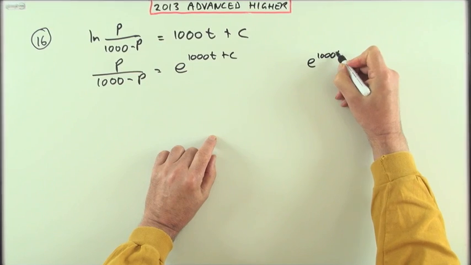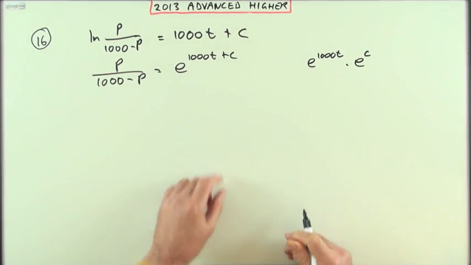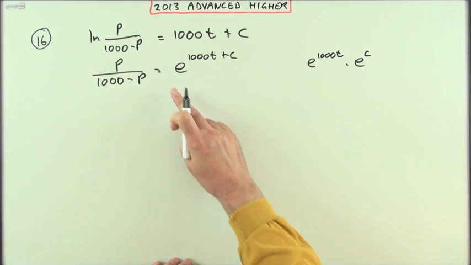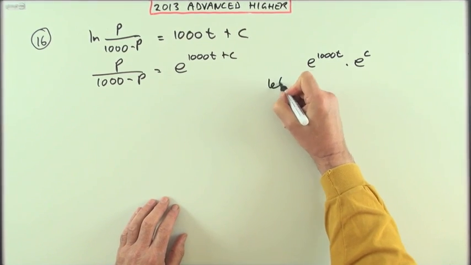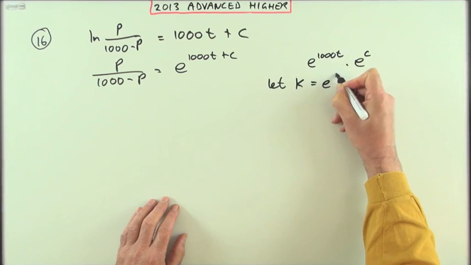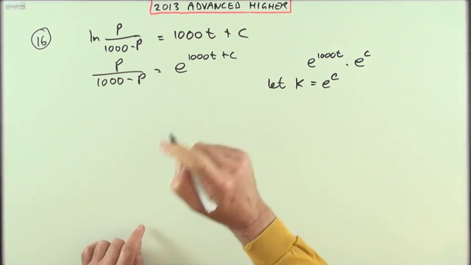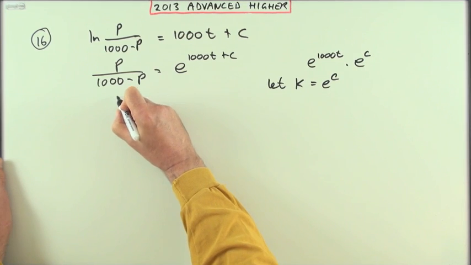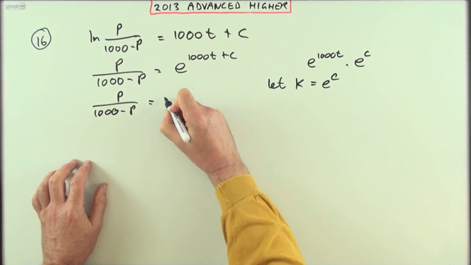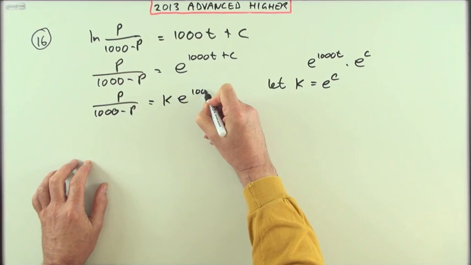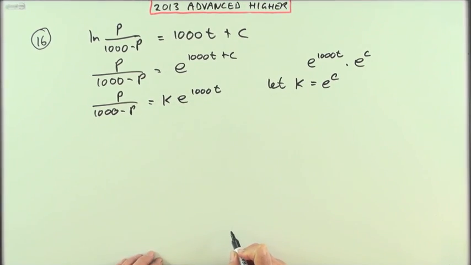That can split into e to the 1000t times e to the c. Now there's no reason for not just calling this part c again, but they want to call it k. So here we're going to say let k equal e to the c, since they've decided to use a different letter. So what I've got now is p over 1000 minus p is k e to the 1000t.